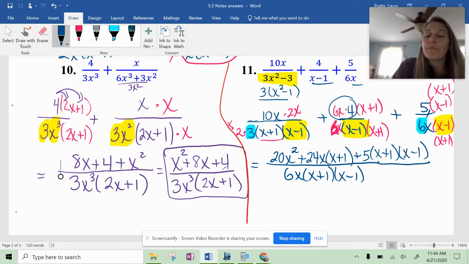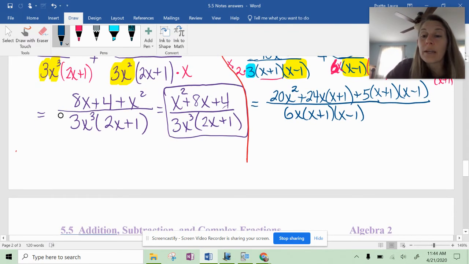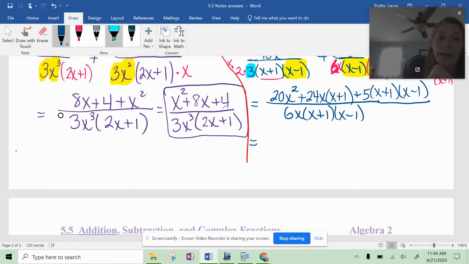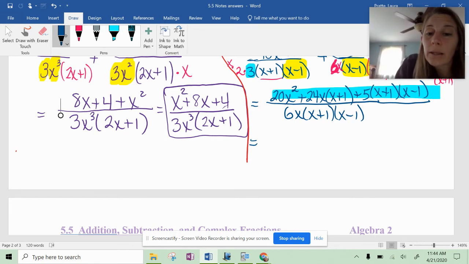Now there's a lot of distributing and foiling that's going to have to happen now to combine all our like terms. So this problem is pretty ugly, but it is what it is. So on the top, I'm going to multiply everything out from this strip right here. So we're just doing a lot of foiling. So I have 20x squared plus 24x squared plus 24x.